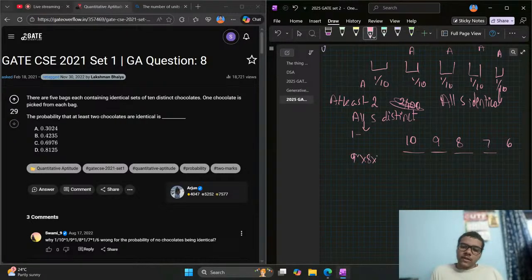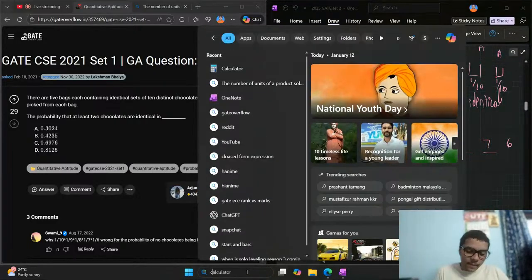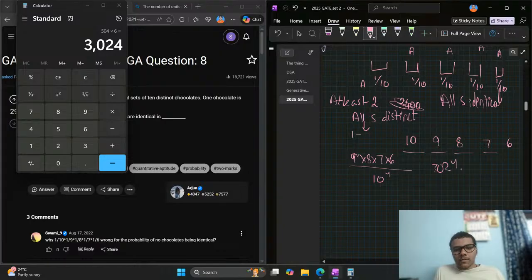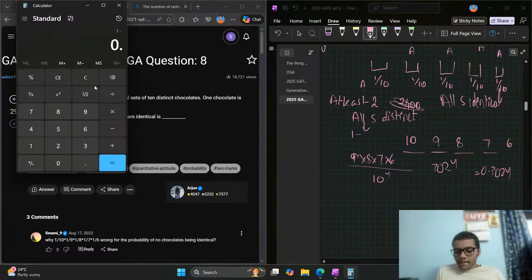So that is 9 into 8 into 7 into 6 by 10 power 4. 9 times 8 times 7 times 6 is 3024. So 3024 by 10 power 4 is 0.3024. 1 minus 0.3024 is 0.6976, yeah.